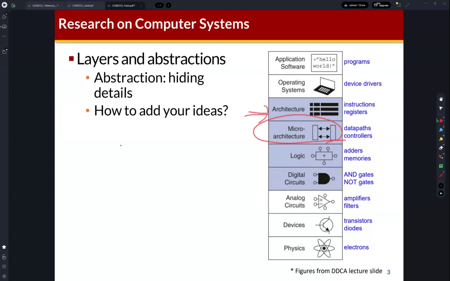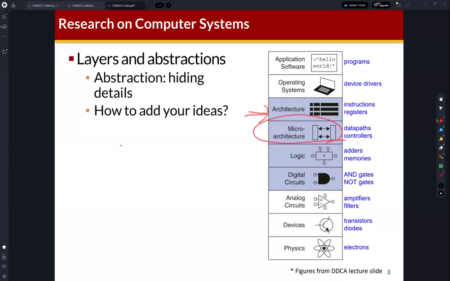We also learned about abstraction. Abstraction means that we just focus on the required knowledge. For other layers, like the logic layer, analog circuit, and so on, if the knowledge is not required, we do not focus on it.